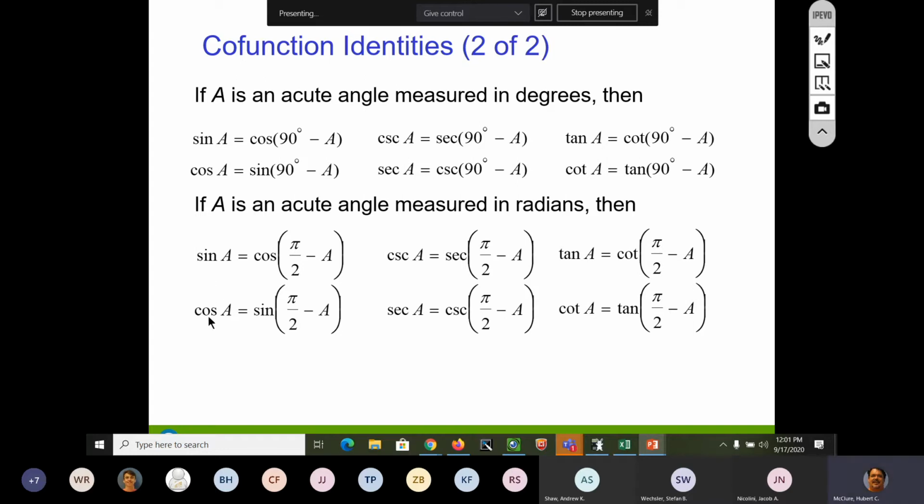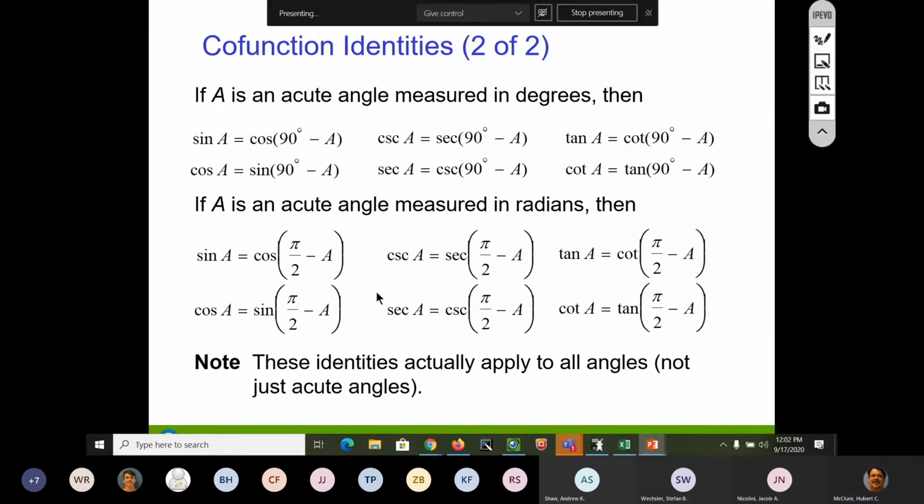The sine and the cosine, the cosecant and the secant. I don't want to insult your intelligence by going into that more, but I think most of you can see that the cofunctions are the ones with the CO in front of it. Okay? Has everybody got these? I hope.